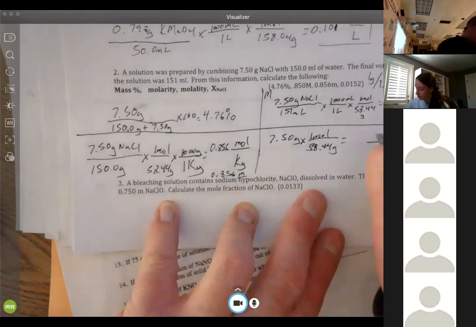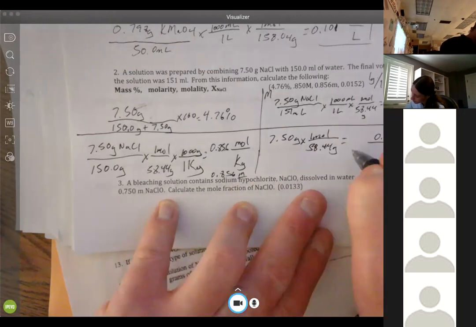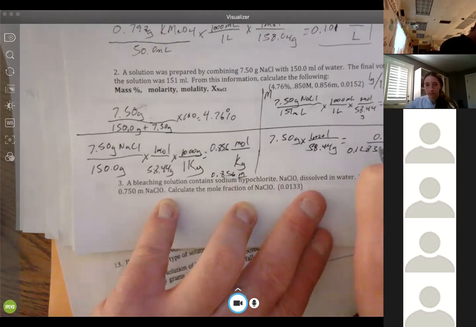And then you put that over 7.50 plus 150.0. Close. We've got to change those to moles too. Right?